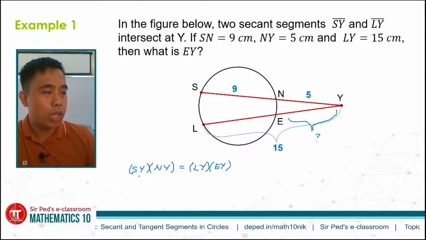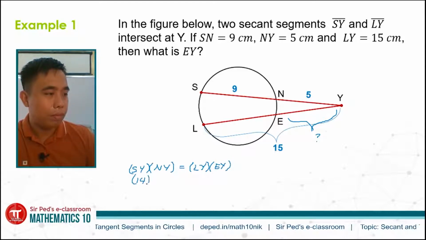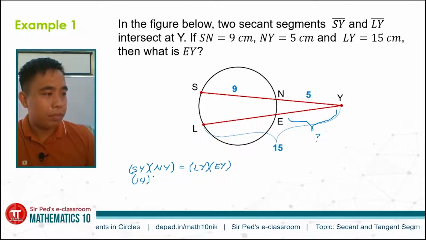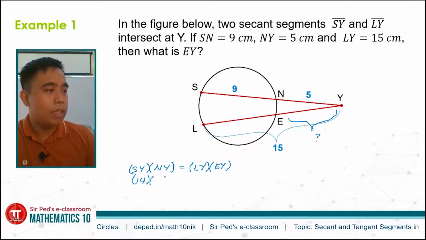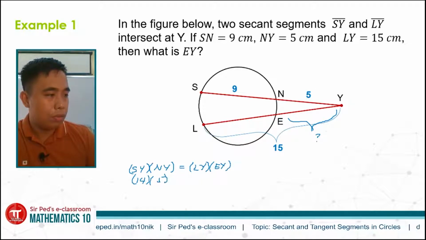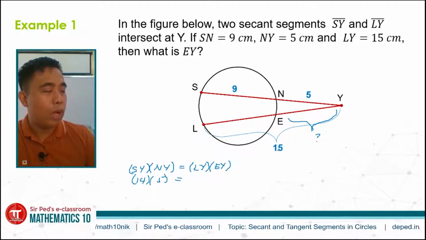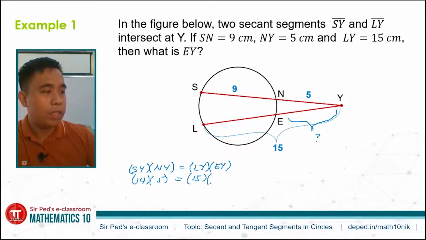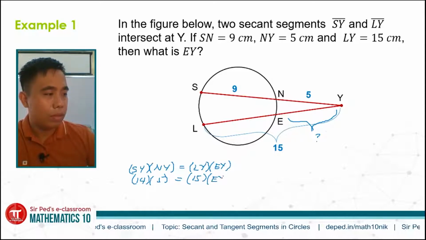By substitution, SY is equal to 14. Just add 9 and 5. Times NY, which is equal to 5. Substitute: that is equal to 14 times 5, equals LY, which is 15, times EY, which is unknown.